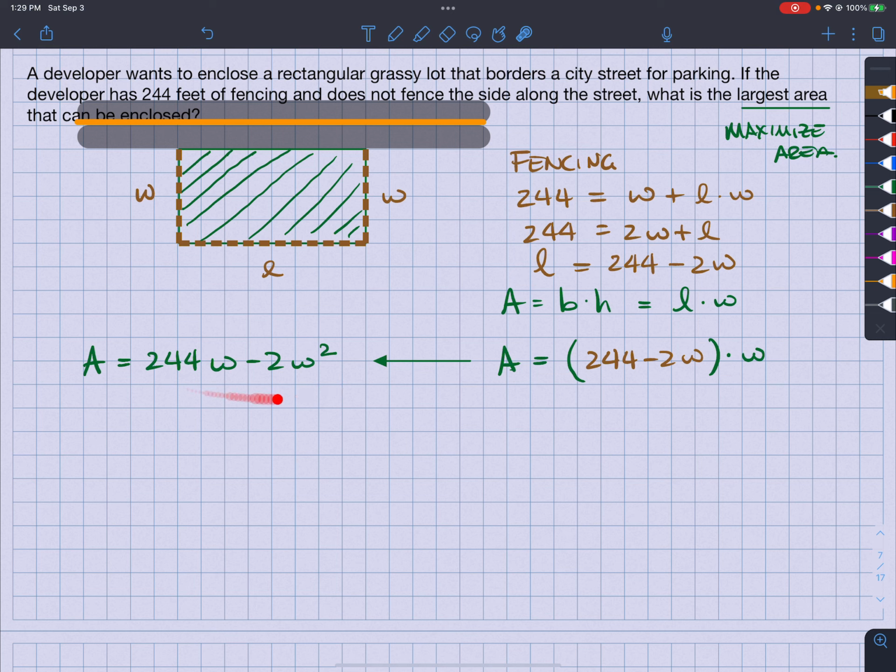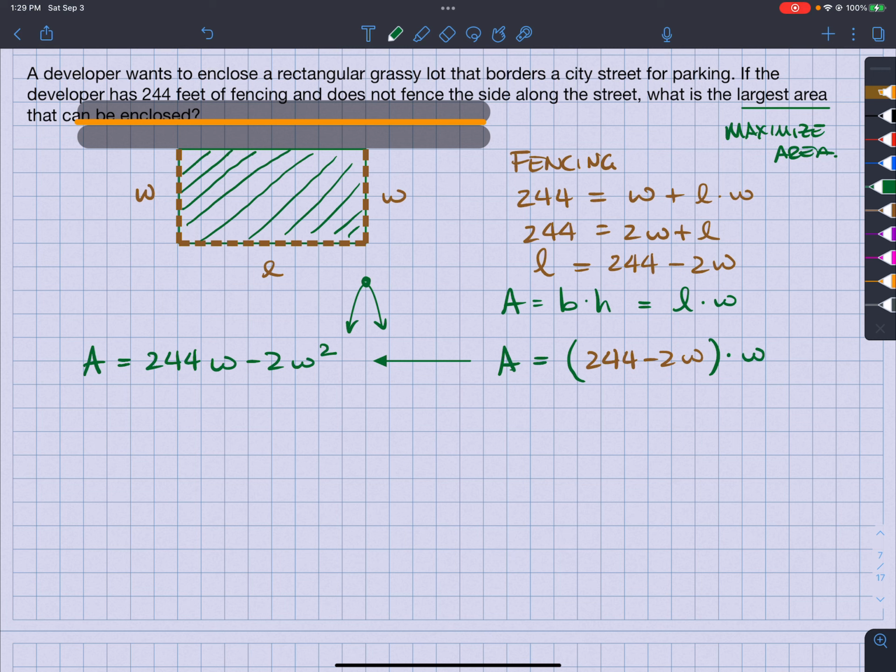In fact, this is a frowning parabola because of the negative 2 as the coefficient of W squared. Since this is negative, I have a frowny face, which means the good news is that I have a maximum. I have a vertex, which is a maximum.